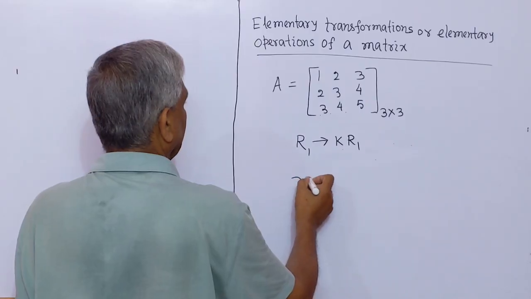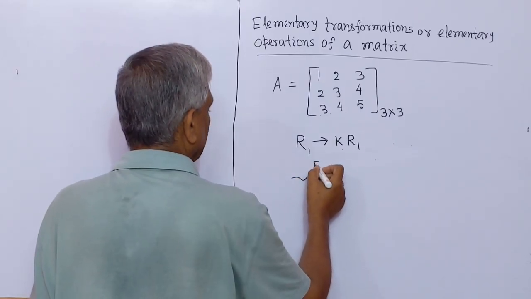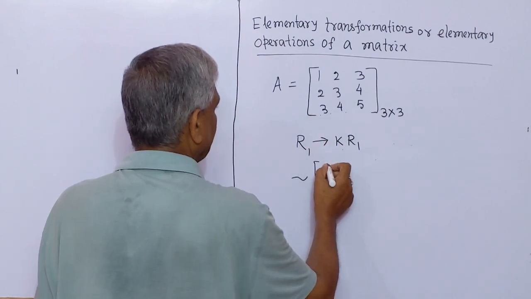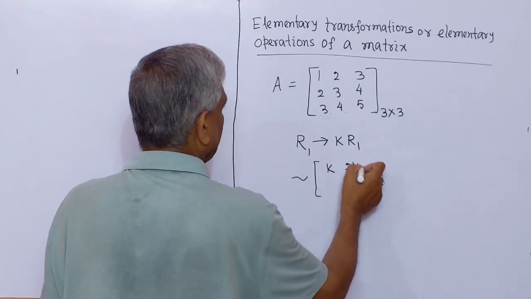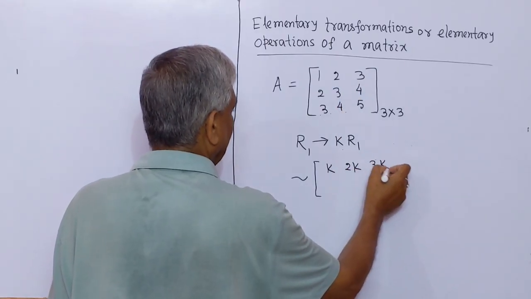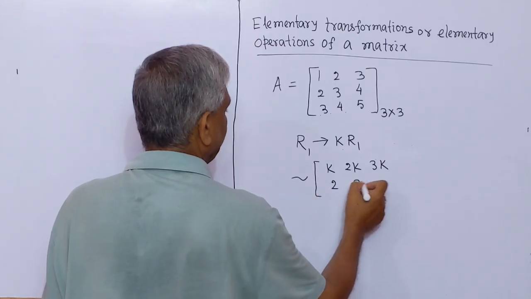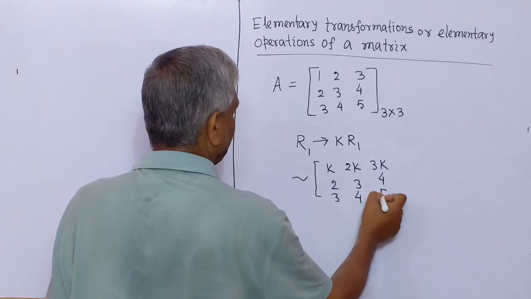Then this transformation will be of the form k times 1 is k, k times 2 is 2k, k times 3 is 3k, and the other rows remain the same, 2, 3, 4 in the second row, 3, 4, 5 in the third row.